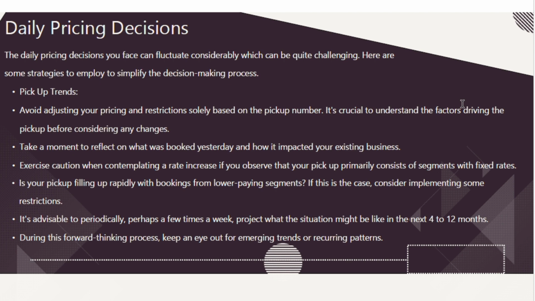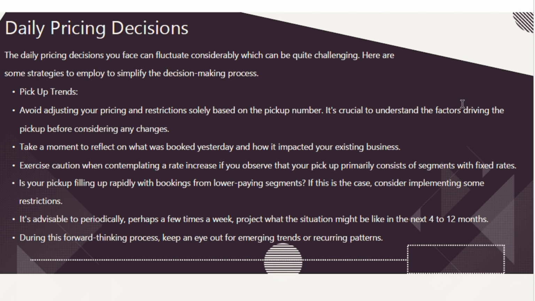Because you have to keep in mind that you have a budgeted target to achieve, not just the numbers, but a certain ADR or RevPAR which you are targeting to achieve. So you have to be very cautious when you are thinking about making some price changes.